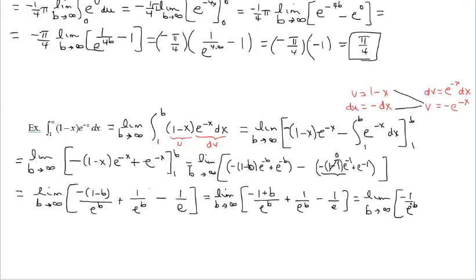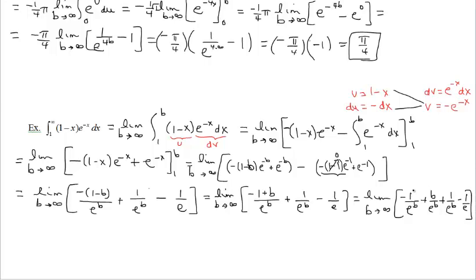And as I think more about this problem, maybe in the beginning I should have distributed. This is getting kind of tedious. Plus b over e to the b. All I did was separate right here. And we still have plus the remaining two terms, 1 over e to the b minus 1 over e. Okay.